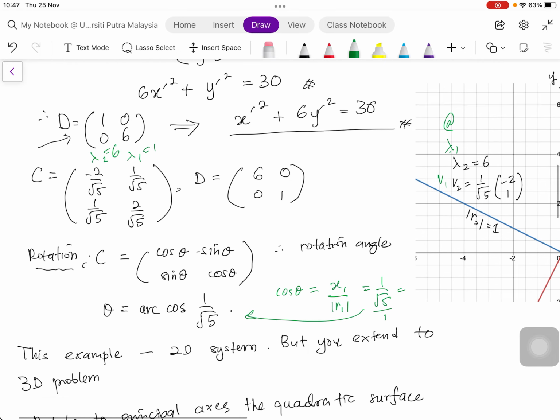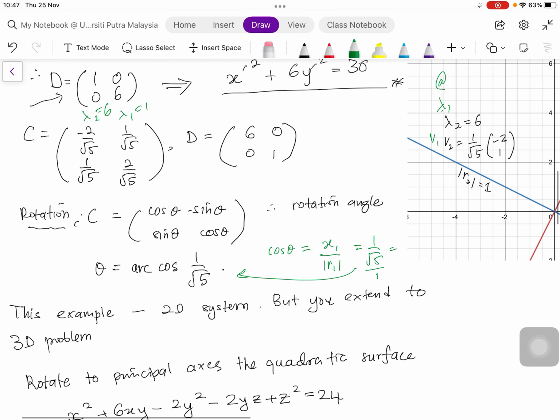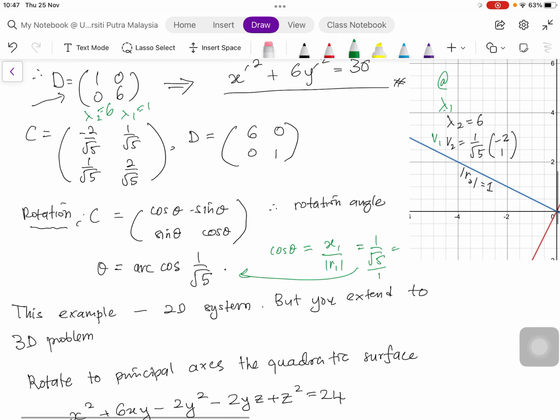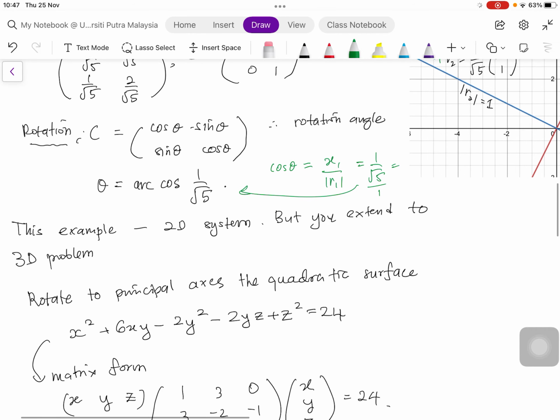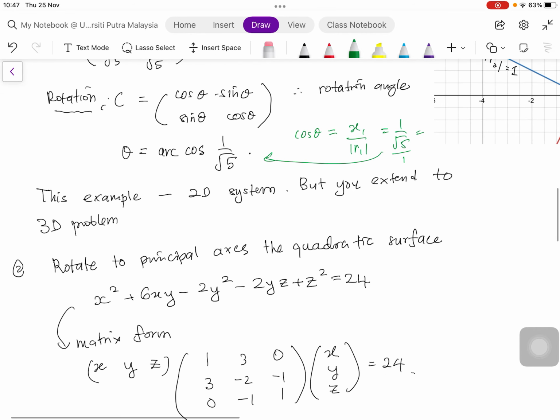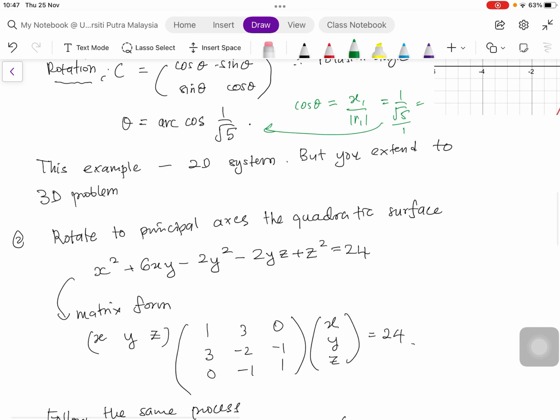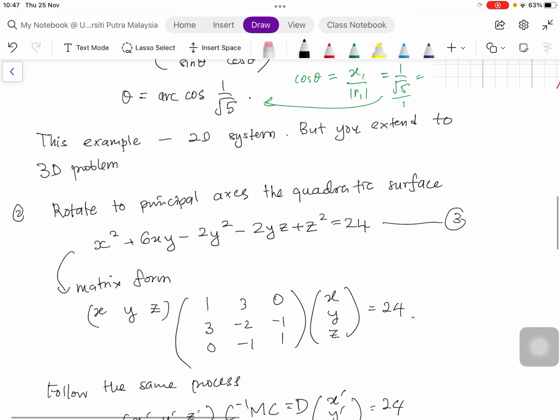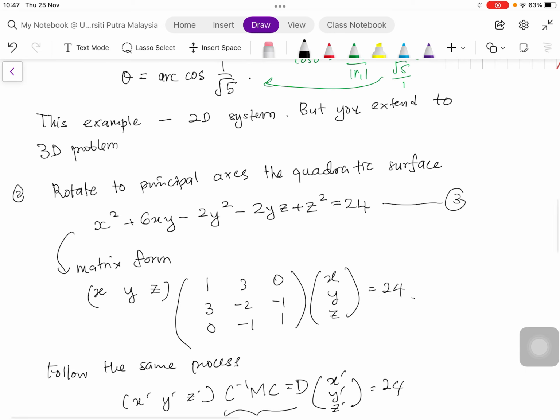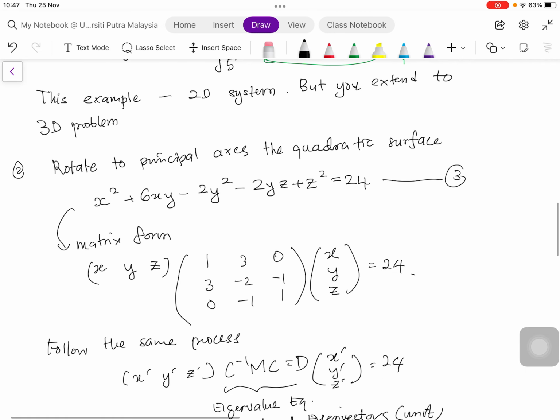This example is in a 2D system, but definitely you can extend it to a 3D problem. For example, here, rotate the quadratic surface to the principal axis. You are given equation 3 here, and then you can rewrite it in matrix form. If you expand equation 4 here, you can verify that it's indeed similar to the quadratic surface.